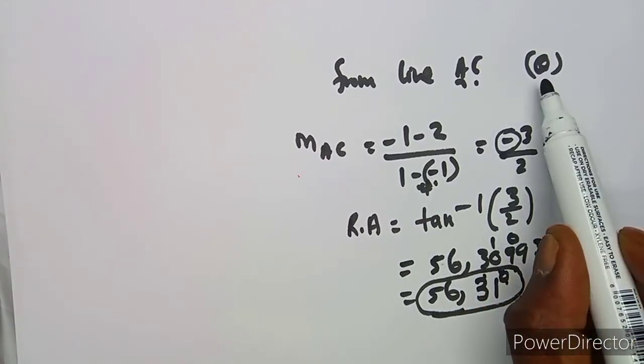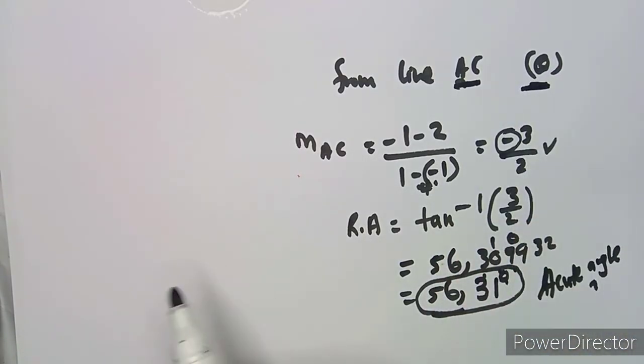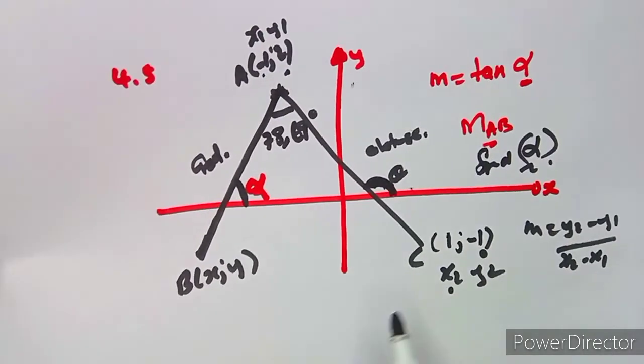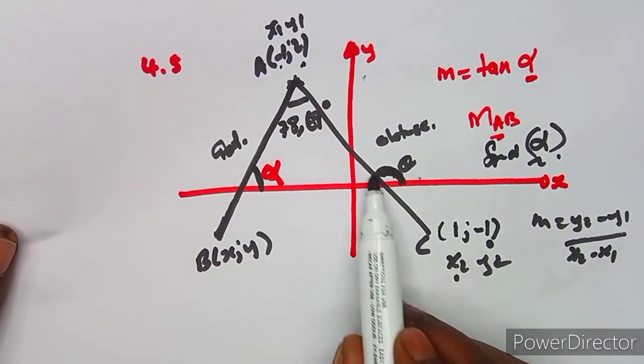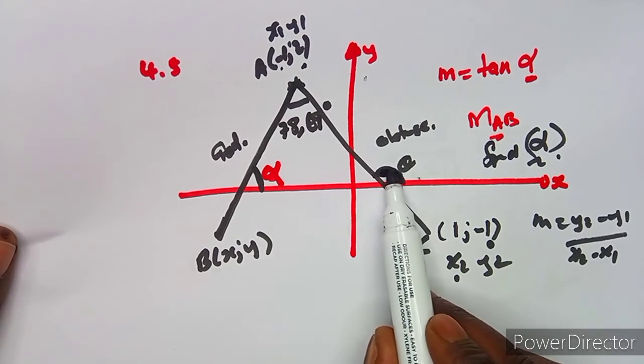So therefore theta, remember we want to calculate theta from line AC. Our theta in this case, because we talked about the reference angle, this one is your theta, the one you want.